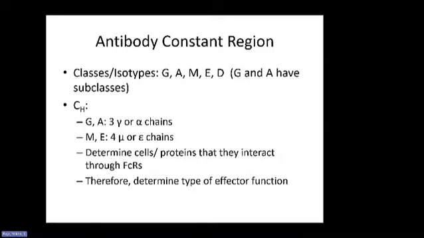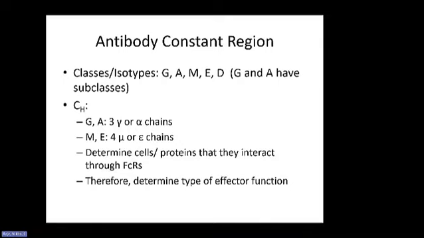These determine the proteins that they interact with, the Fc receptors. So Fc receptors are present on various cells. They may be present on NK cells, macrophages, neutrophils, or mast cells, for example, and depending on what Fc receptor it has, it will determine what immunoglobulin it can bind to. So say IgG is opsonizing a virus or a bacteria.